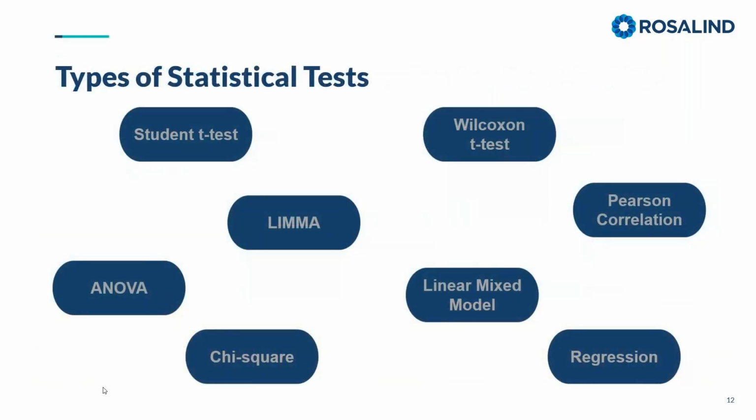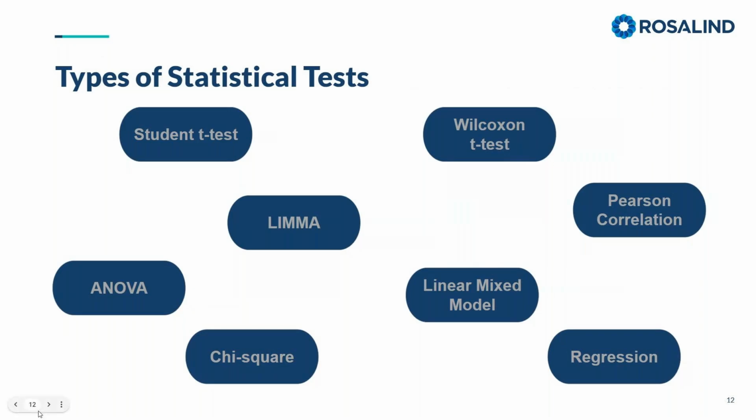When we're talking about statistical tests and models, depending on your field, your expertise, and your history, you probably think of three to four different types of stats tests and differential comparison tests right off the bat. There's a million of them you can think about. I put a few examples here, and some of these are specific tests like limma or Student's t-test or Wilcoxon, and some of them are generic tests, so we have regression models and linear mixed models.